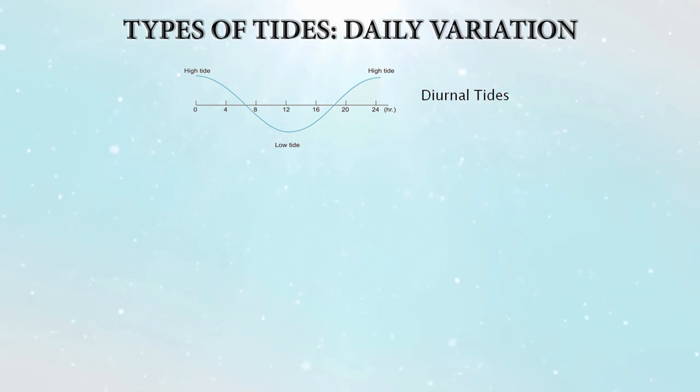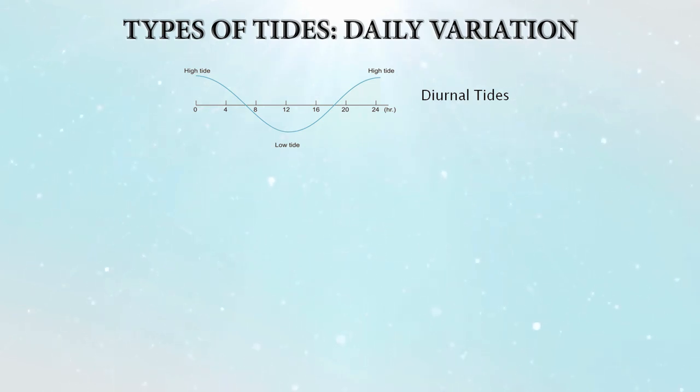Like diurnal tides, you see one high tide and then again one high tide. It takes about 24 hours 50 minutes. You can see the horizontal axis, which shows time in hours, 0 to 24 hours. So, high tide to high tide takes about 24 hours 50 minutes.